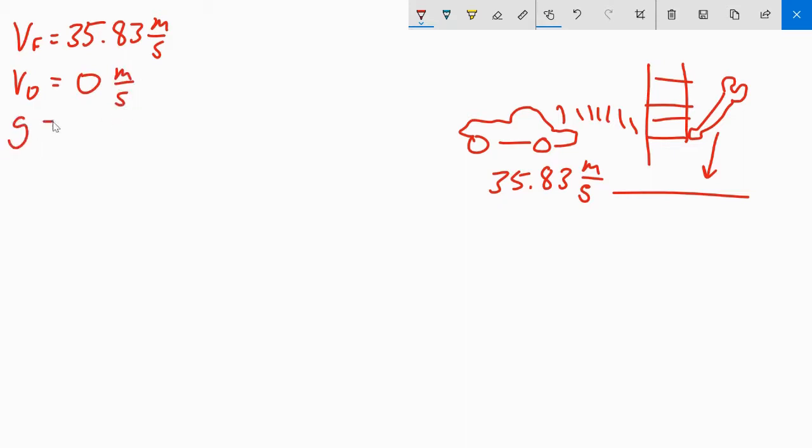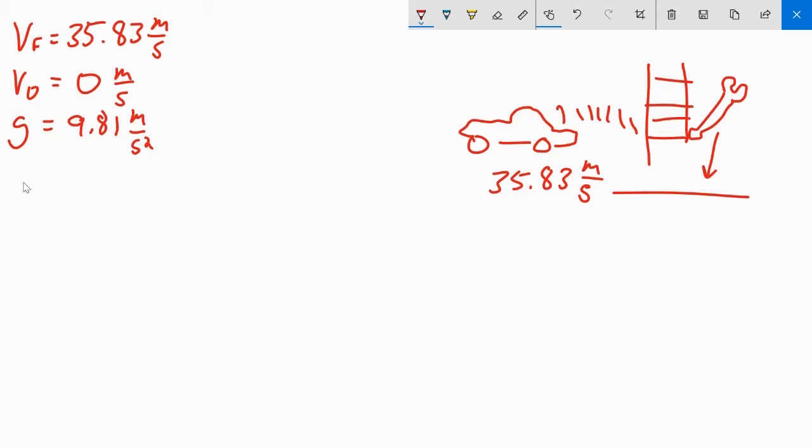We, of course, know gravity, or acceleration, 9.81 meters per second squared. And we have this other number, which we've never talked about before, the size of the building.